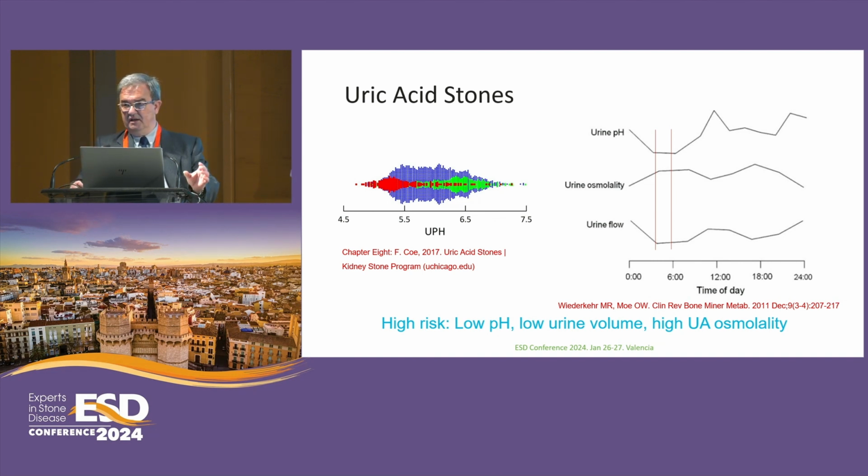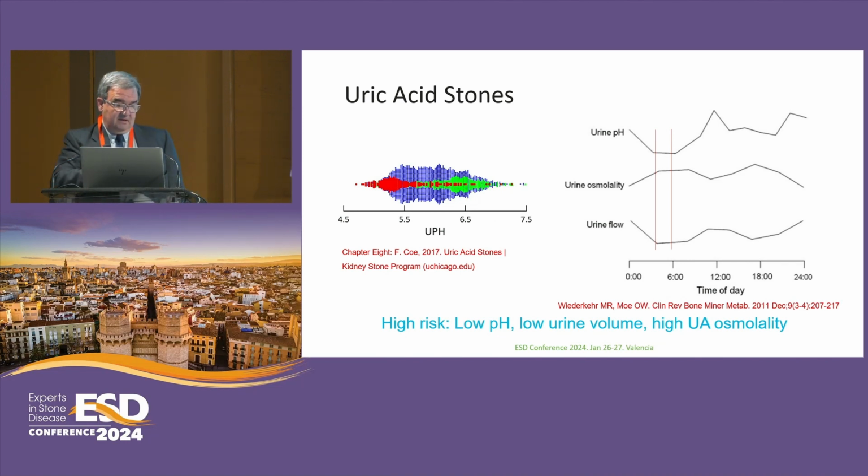It is in the early hours of the morning, between 5 and 6, that we have less volume, urine flow, and the pH is lower, and this is a critical time frame for uric acid stone formation.